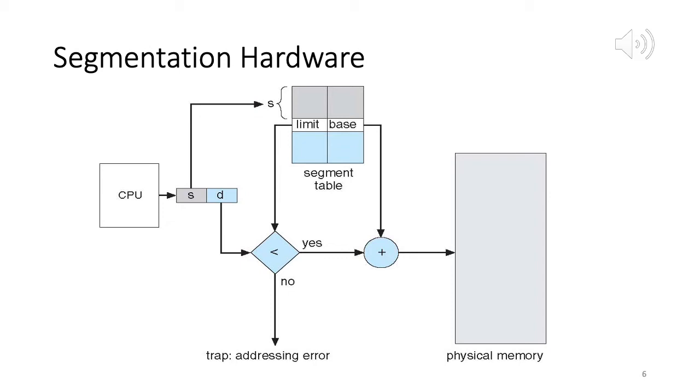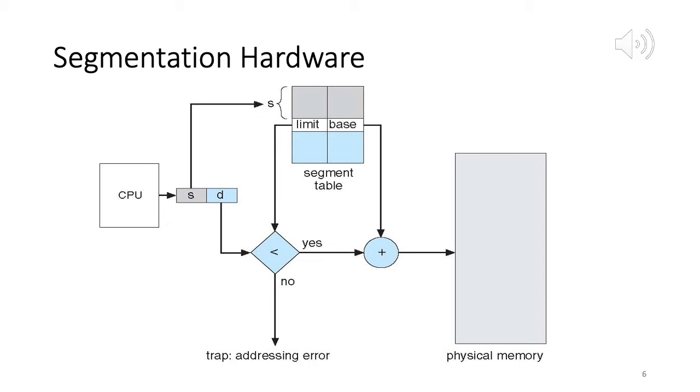Same usage as it was in paging. Say we have a page size of 4K. To represent a page size of 4K, how many bits do we need? We need 12 bits. Using 12 bits, we can access 2 raised to 12 bytes of memory, or 4K, and we can access each and every individual byte within that 4K of memory.